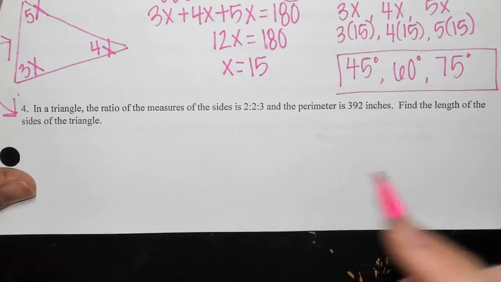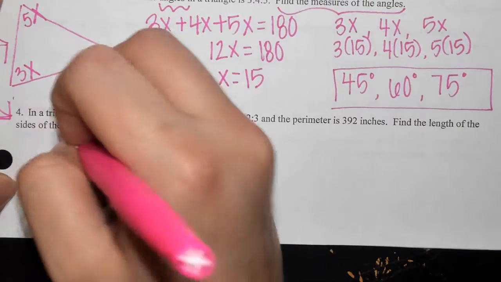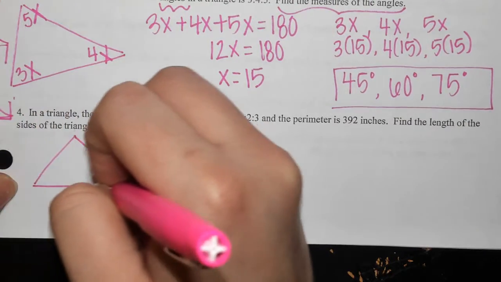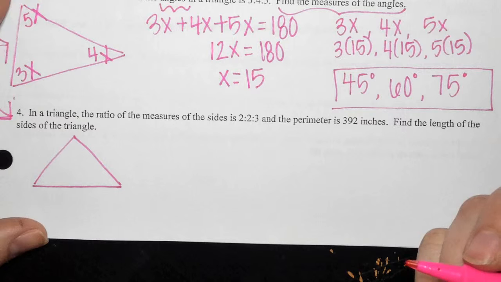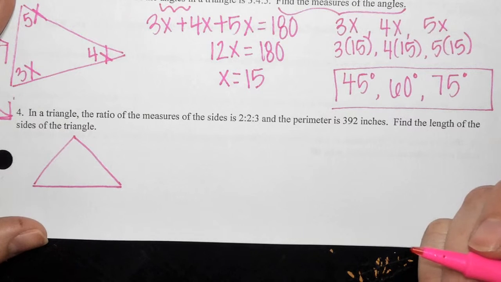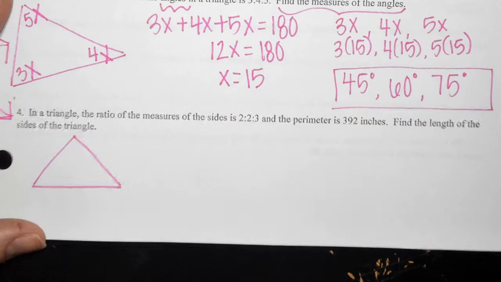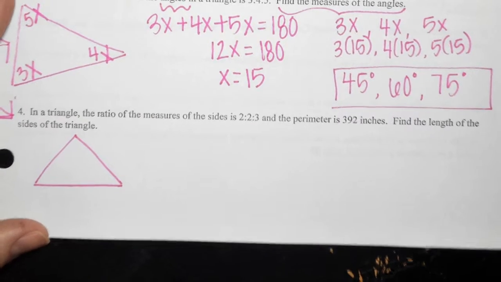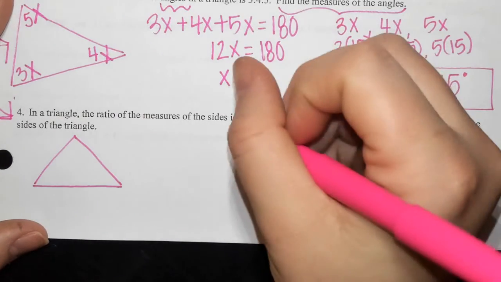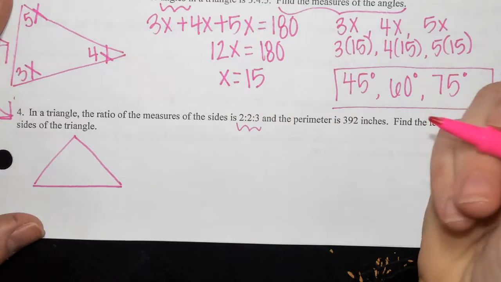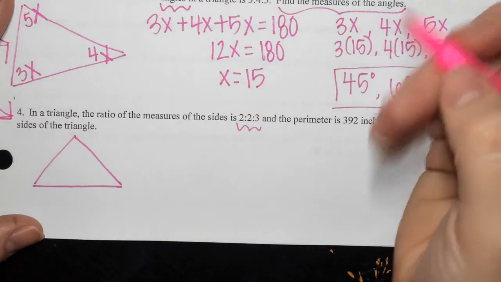Damien, read number 4. In a triangle, the ratio of the measures of the sides is 2 to 3, and the perimeter is 392 inches. Find the length of the sides of the triangle. Okay, so now we're not doing angles, we're doing the lengths of the triangle. What kind of triangle is this? Good. Isosceles.